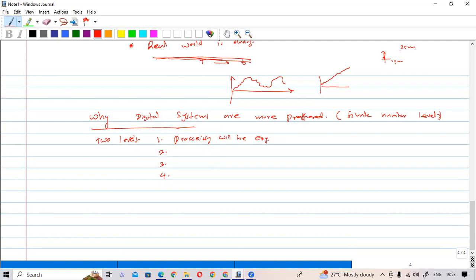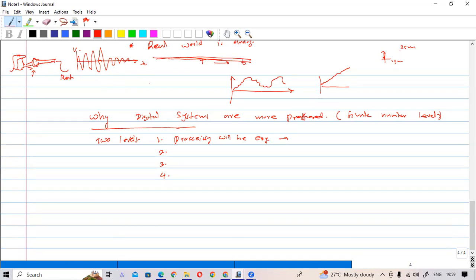For example, let's say that someone is talking to a microphone. What is this microphone doing? It converts your sound signal into an electrical signal, a voltage signal. Your sound will look like this, time versus voltage.